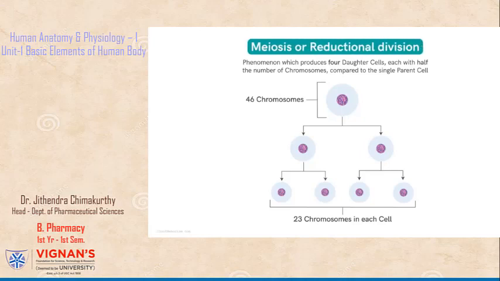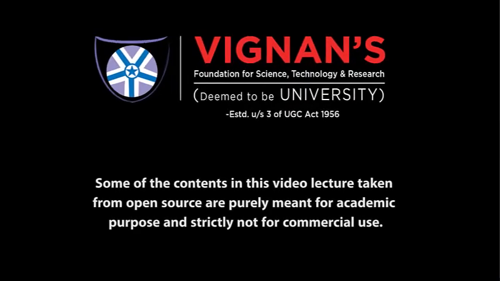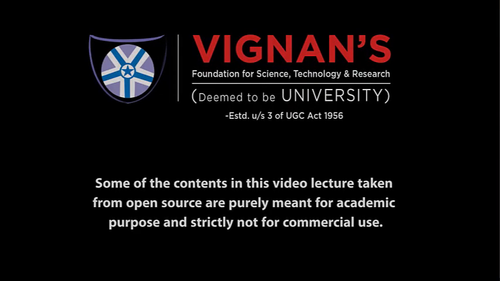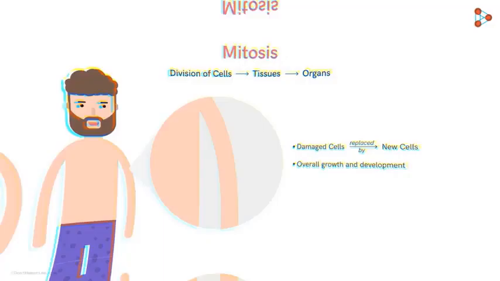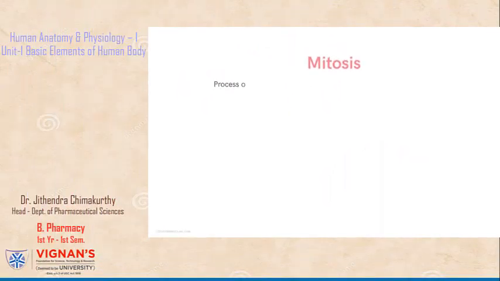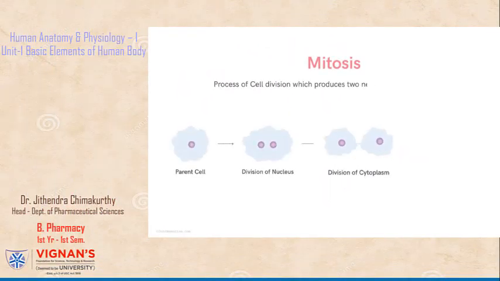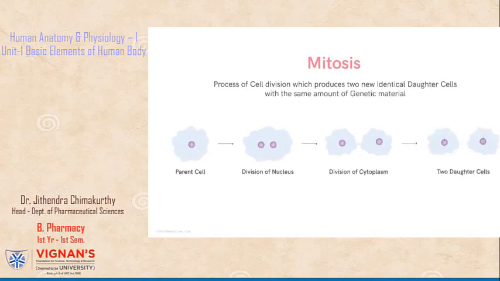Now that we've been introduced to the process, let's glance at the definition once more, but this time with respect to the chromosome number. Mitosis is simply a process of cell division which produces two new identical daughter cells with the same amount of genetic material.